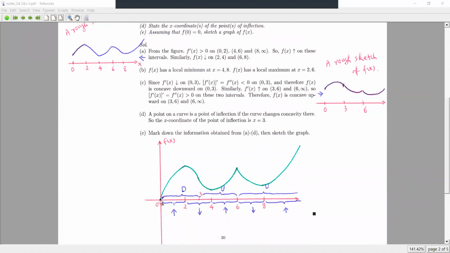Say for example, from 0 to 2, from A, function f is increasing on 0 to 2. So for 0 to 2, I mark down the information: increasing.